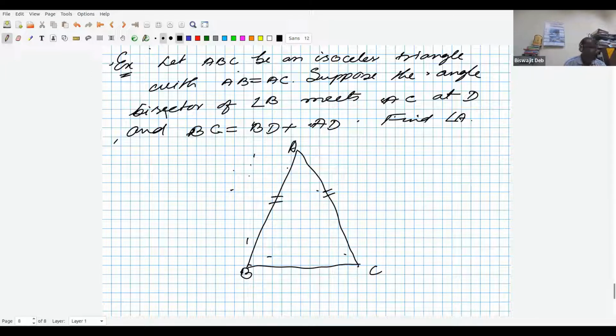Next, we are given that we have drawn the angle bisector of angle B, and let this touch this side at D. So this angle and this angle are both the same. Let this be called alpha.